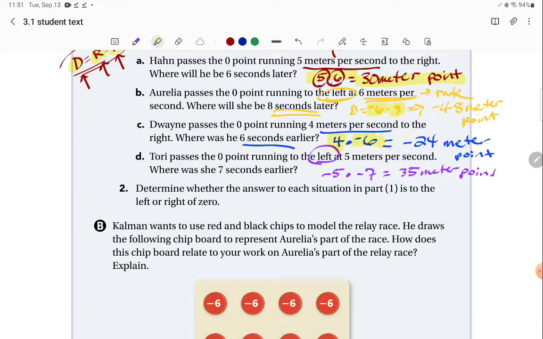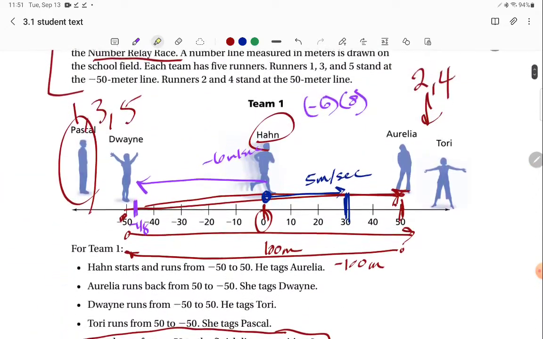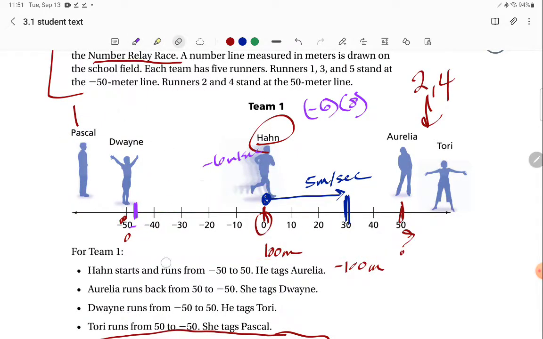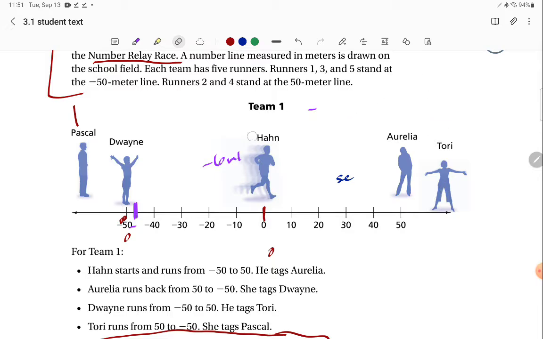So what this is saying is when he's running to the right, so he's running this way. Let me erase all this here. It'd be good to have this number line on your paper as well. So he's here, he's running to the right, right? And it says he's running 4 meters per second, running in a positive direction.